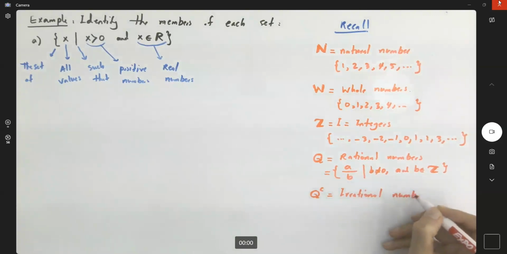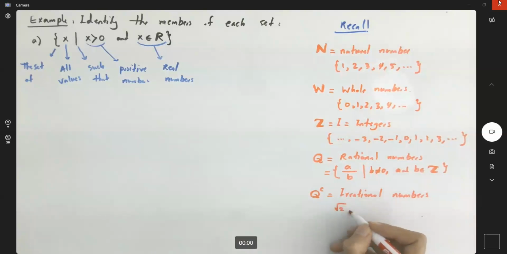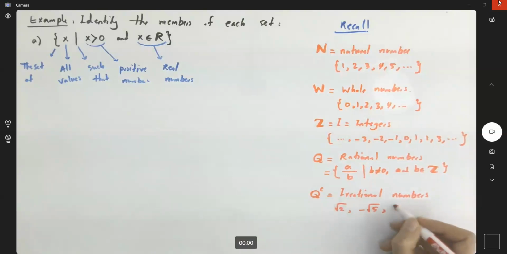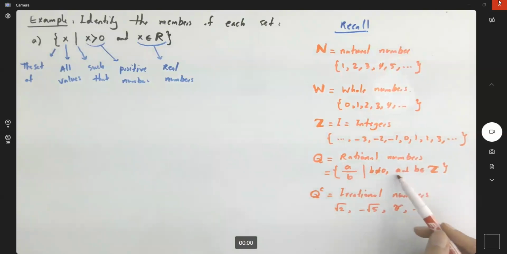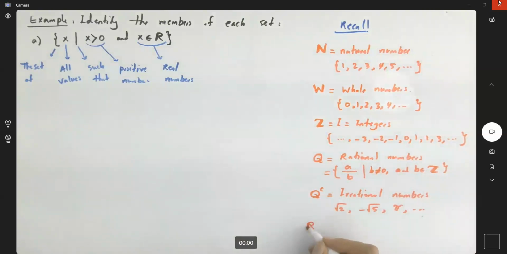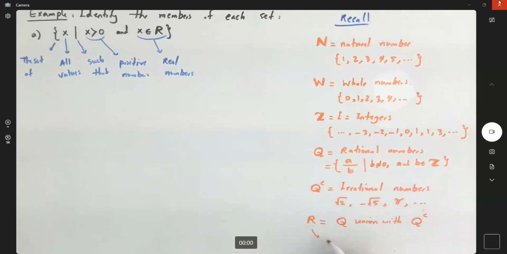Square root of 2, negative square root of 5, pi, and the rest of the numbers that are not in the form of A divided by B, such that the numerator and the denominator are integers, they are called irrational numbers. R, or real line, is Q union with QC, or irrationals. This guy is called real numbers or just real set.